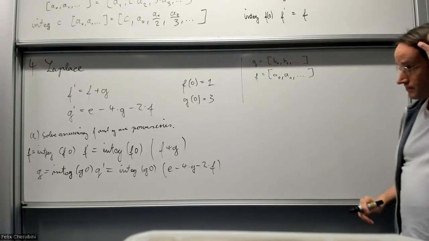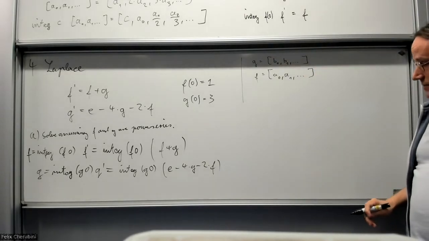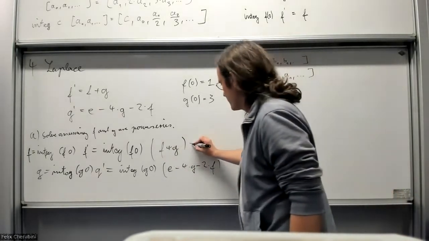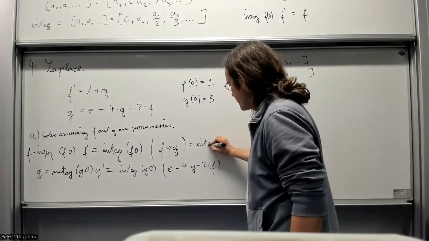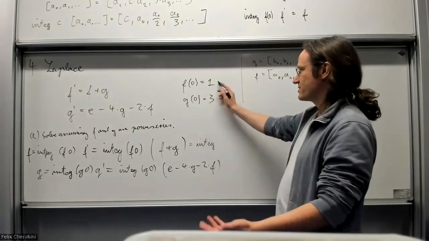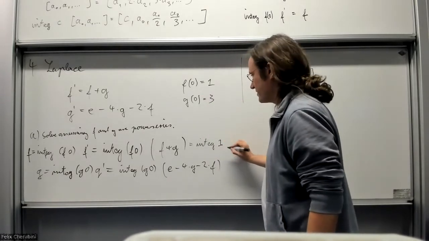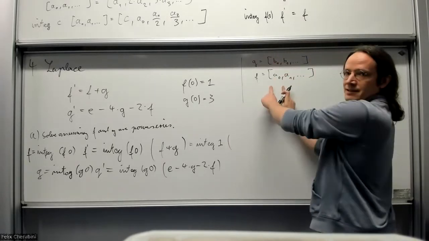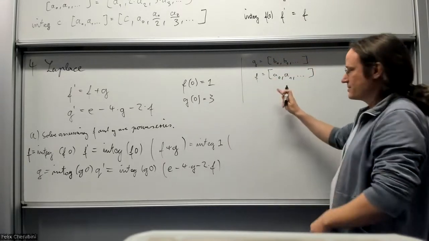F as well. Yeah, so maybe we just write it out here. So it's integ of, and maybe we just plug that in, 1. And over here we have added element-wise these two lists.